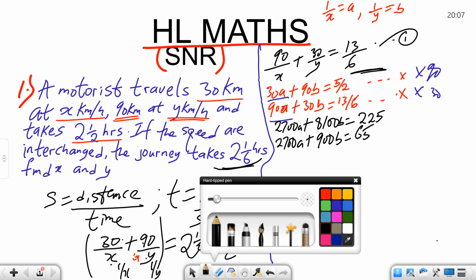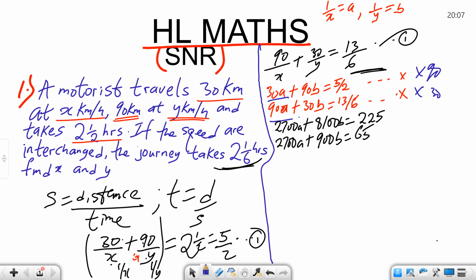So I can already eliminate the a terms by subtracting. To make it easier, I'm taking equation 2 from equation 1.